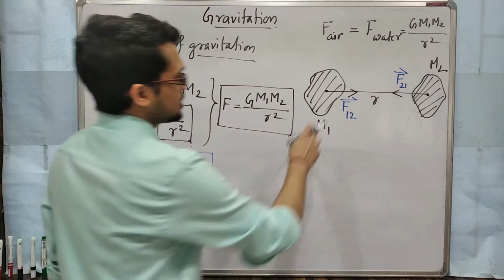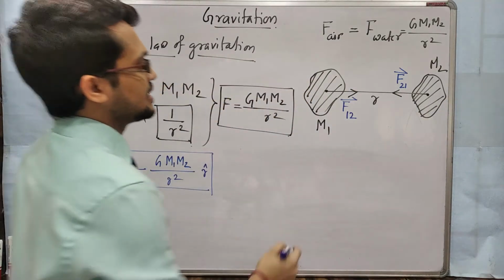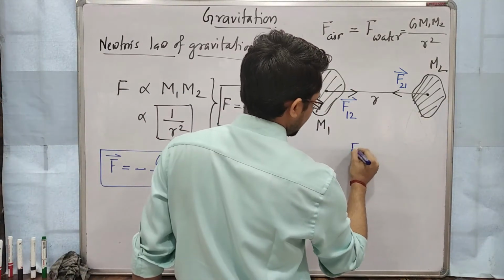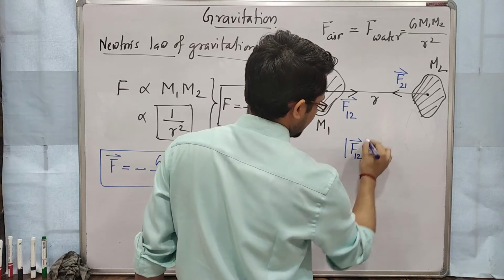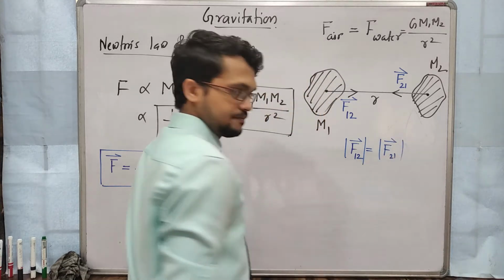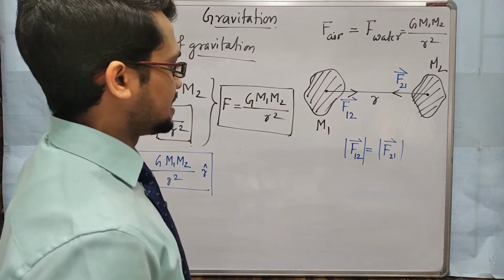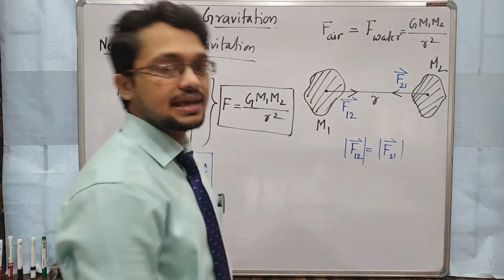Here look, these two forces are acting along the same line and their values are the same. Taking magnitudes, F12 magnitude equals F21 magnitude. That means their magnitudes are the same, but they are oppositely directed along the same line.